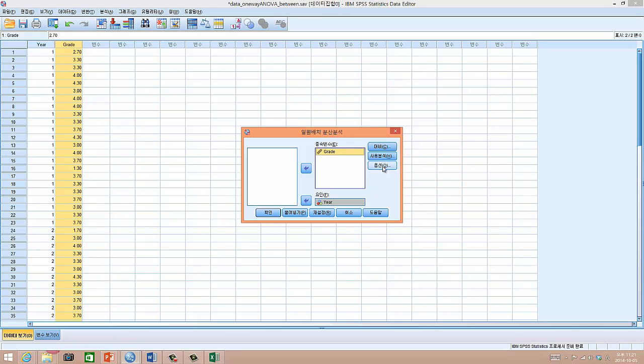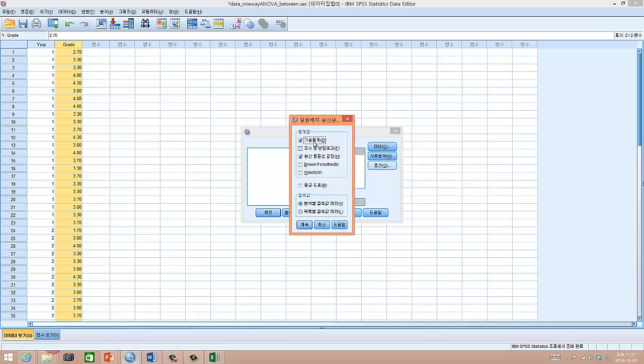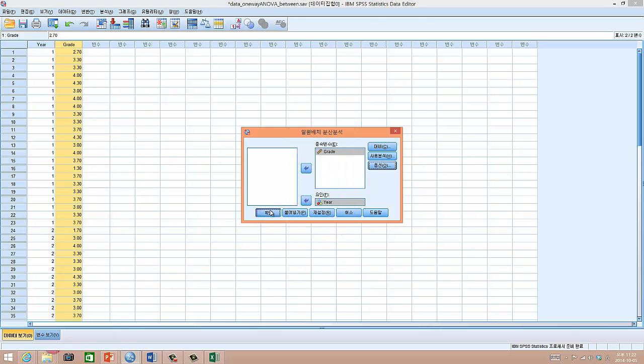If you click Options, you can also get the descriptive statistics and the equal variance test, etc., but let's click only the descriptive statistics here.